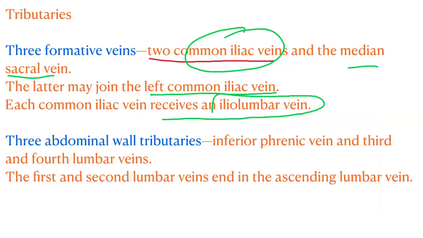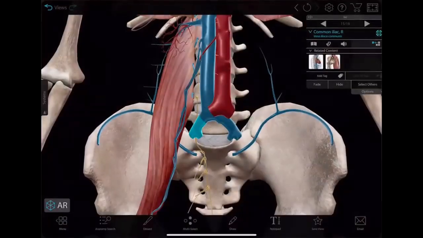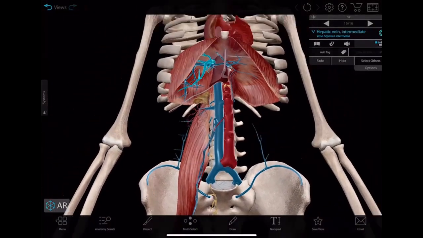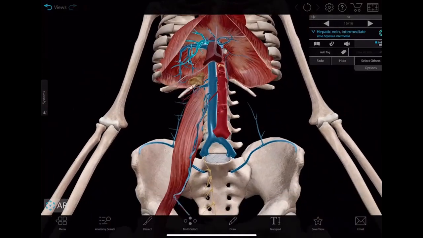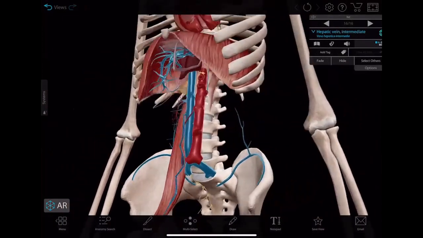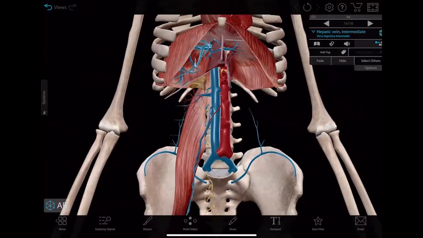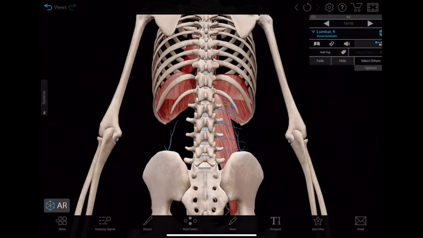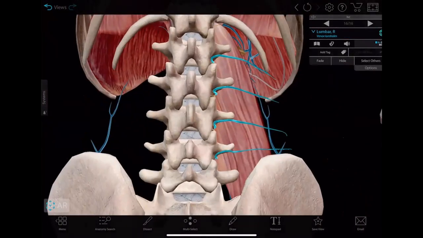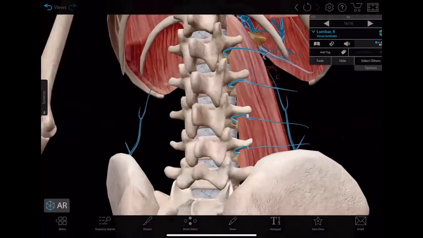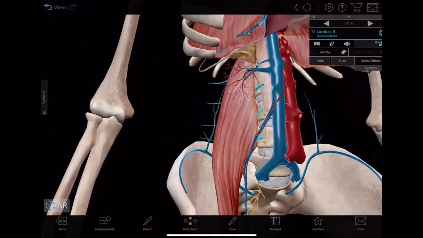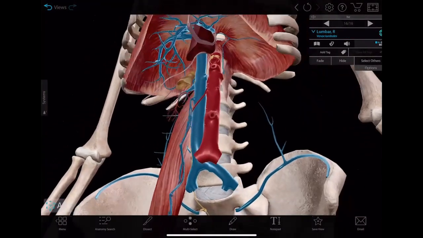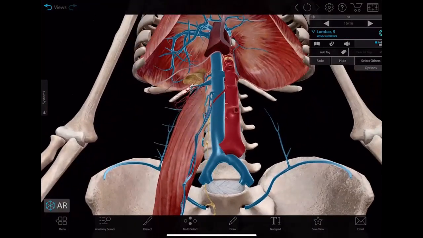The abdominal wall tributaries: inferior phrenic vein and third and fourth lumbar veins. See that. And you see, these are the lumbar veins, both sides. Lumbar veins and inferior phrenic, that is below the diaphragm.